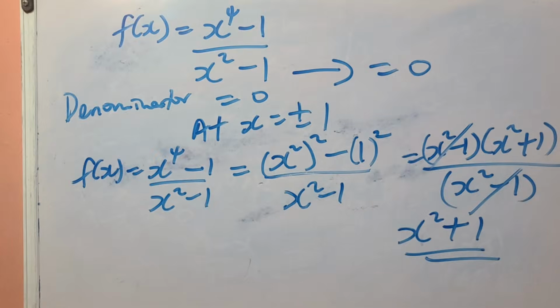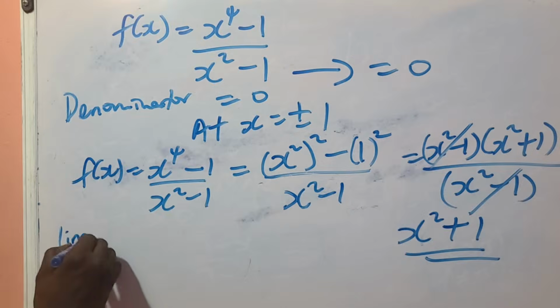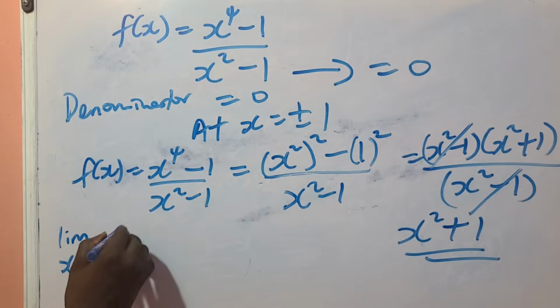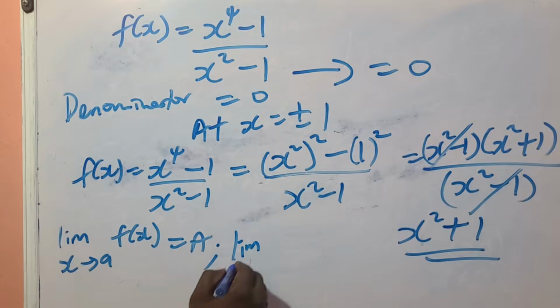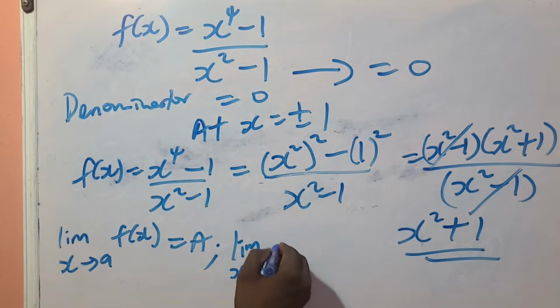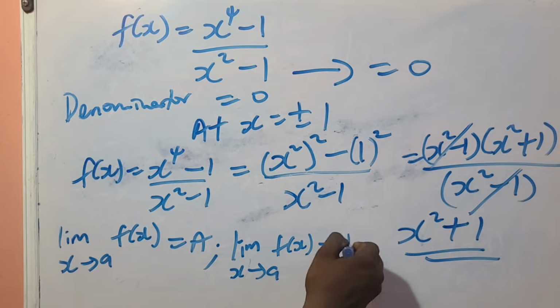Now, the final question I want to exhaust is a question that said, what's the relationship between A and B if the limit of x tending to a of f of x gave you a, and the limit of x tending to a of f of x gave you b.